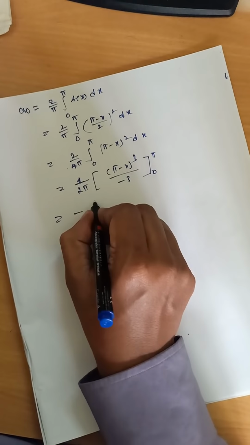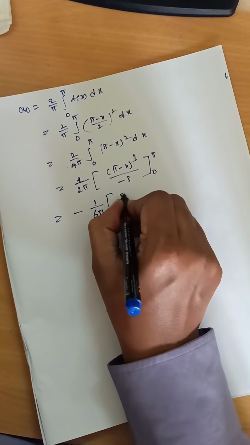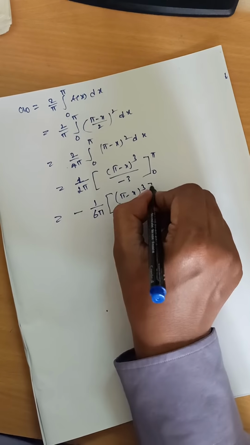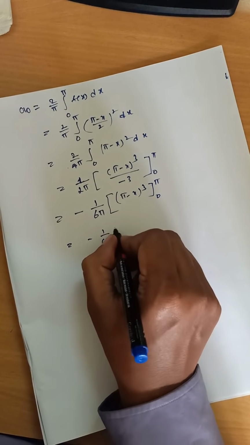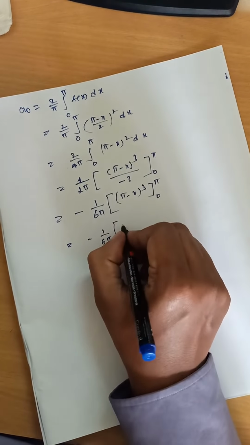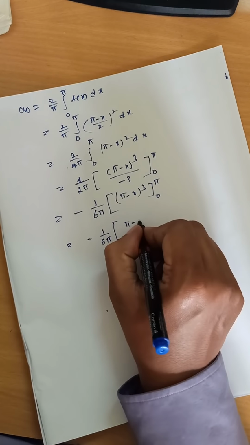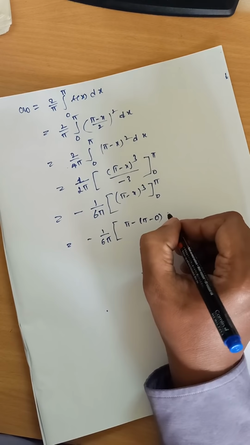Take minus 3 outside, minus 6 pi common, pi minus x whole cube 0 to pi, that is equal to minus 1 by 6 pi, apply pi and 0 for x.